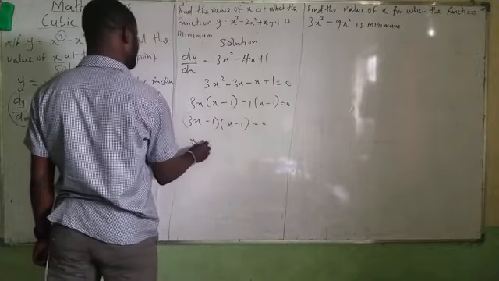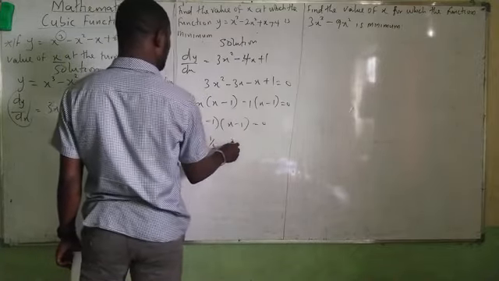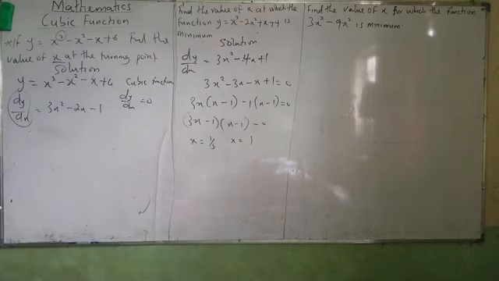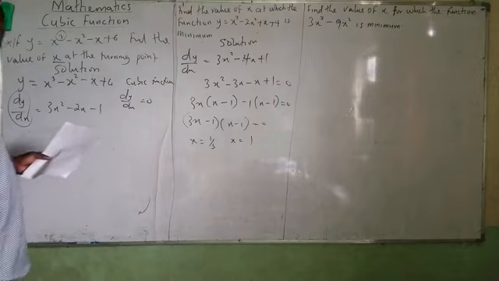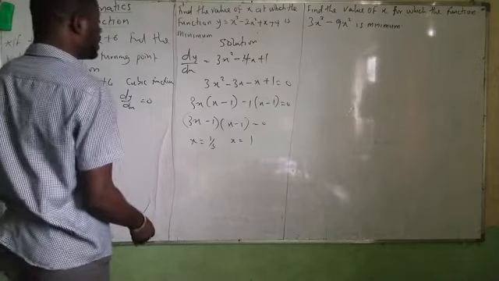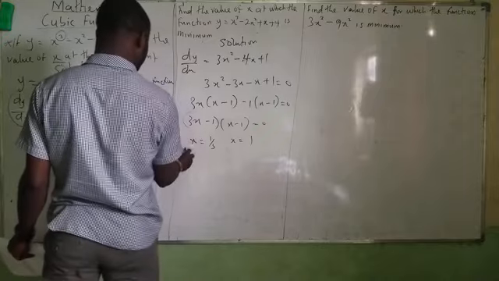Now, my x will be equal to 1 over 3 or x equals 1. That is the value of x. I think, am I correct? Yes, I'm very correct.